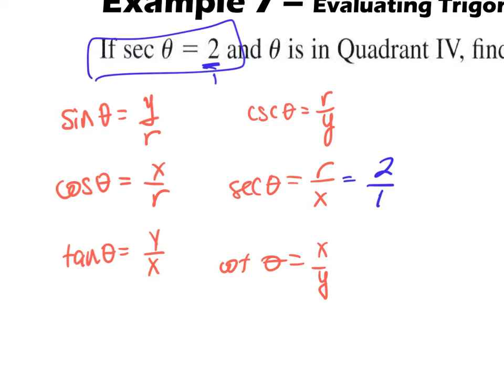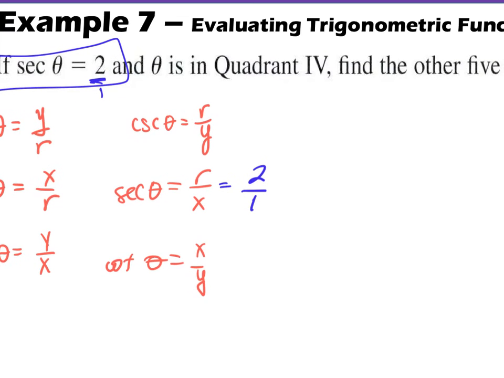So the first thing you have to do when you do these problems is find your x, your y, and your r. They will always tell you 2 of them. What do we already know? R is 2. And I know it's positive 2 because r is always, always positive. And I know that x is 1. I'm not sure if it's positive or negative yet. I got to figure that out.